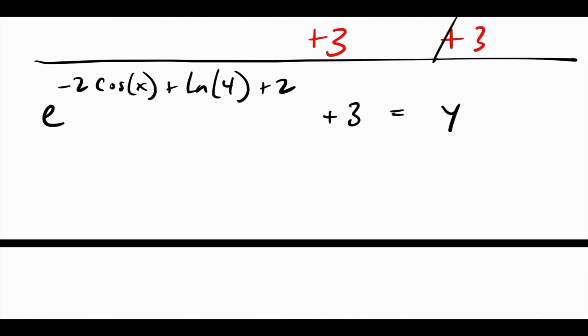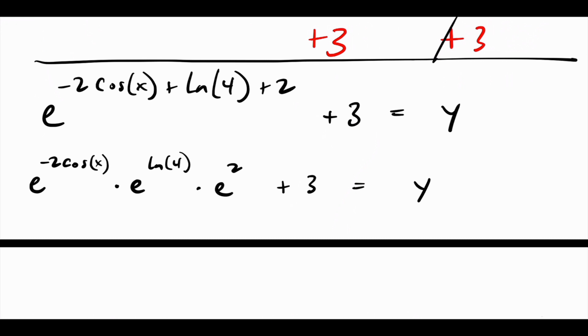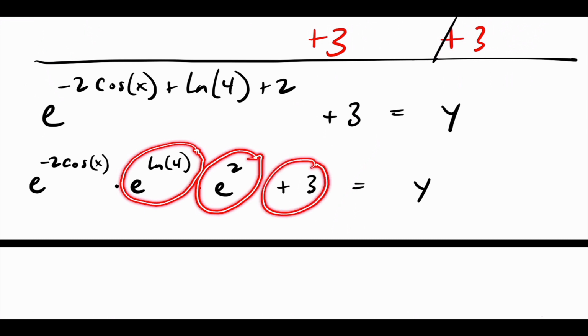Sometimes, if they allow you to use a calculator, you'll have to break this up. See these pluses here? We could change it to this using the exponent rules. The reason they would have you do that is because this guy is a value, this guy is a value, this guy is a value.